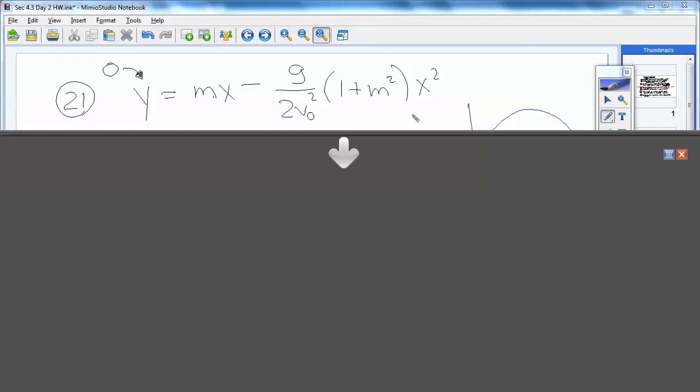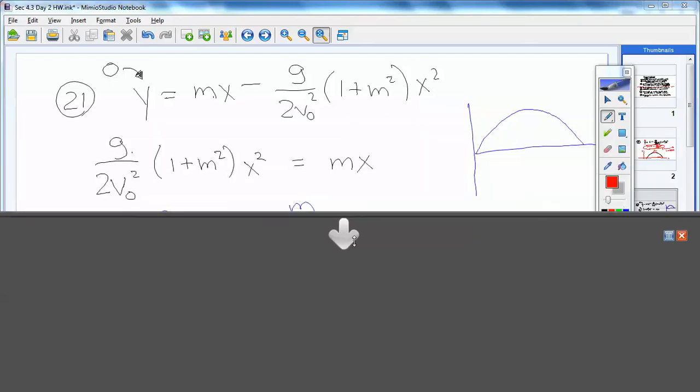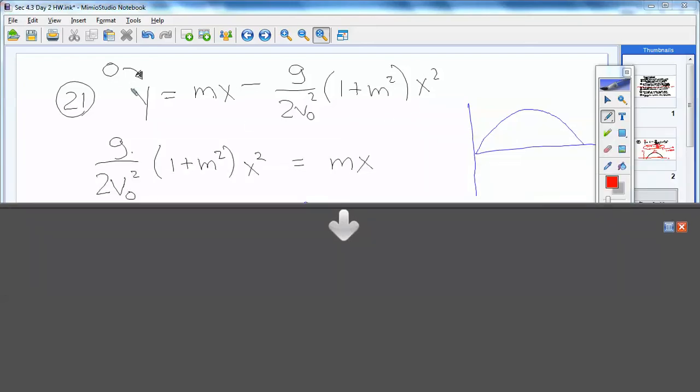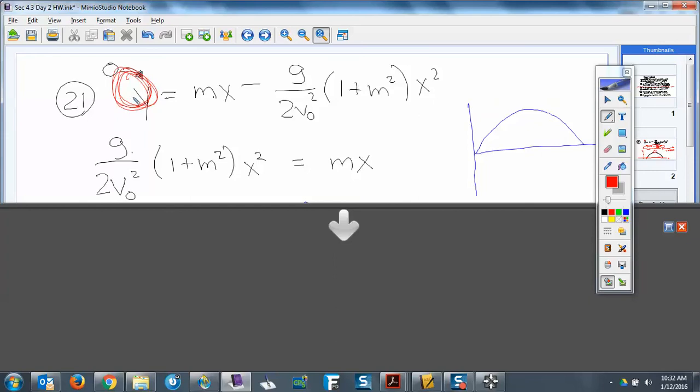So I put a 0 on this side, and now I'm going to add this whole big chunk over to this side. I could have typed this in my calculator and let it solve for X for me, but I'm going to do this one by hand because it's not that difficult. So I'm just going to move this equation over to this side. See what I did there?